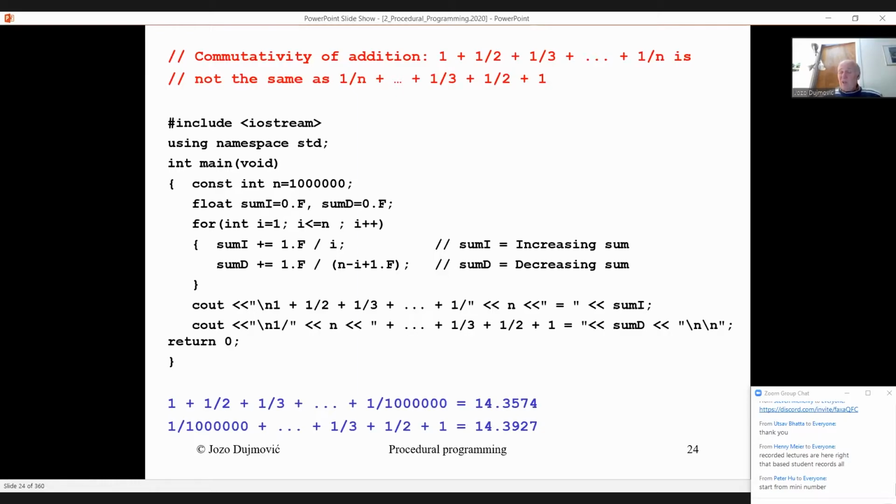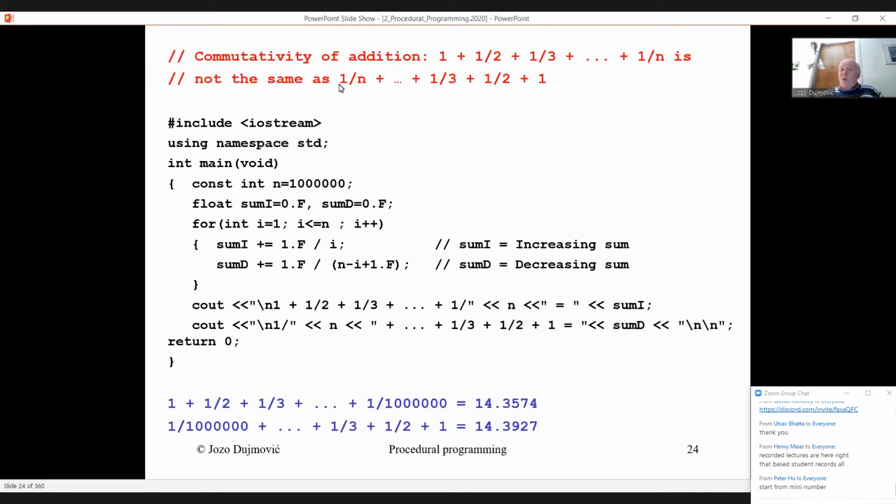Because if I have 1 plus some very small value, for example, in standard precision, where I have 7 significant decimal digits, if I divide by something that is 10 to minus 8, it is not going to be taken into account at all. So this value here is greater than and more precise than this value here.